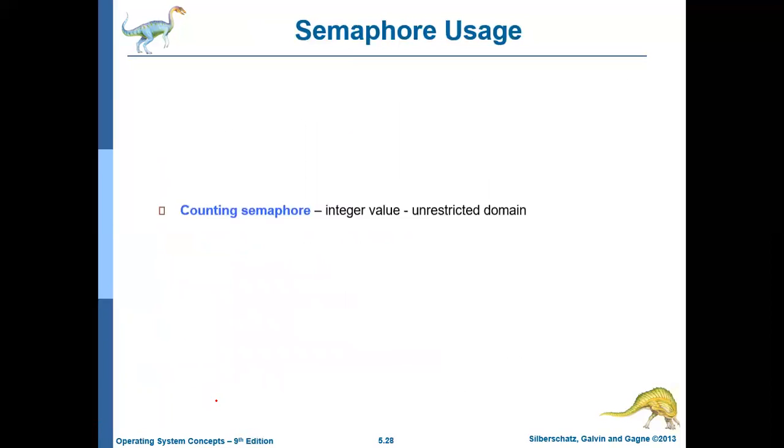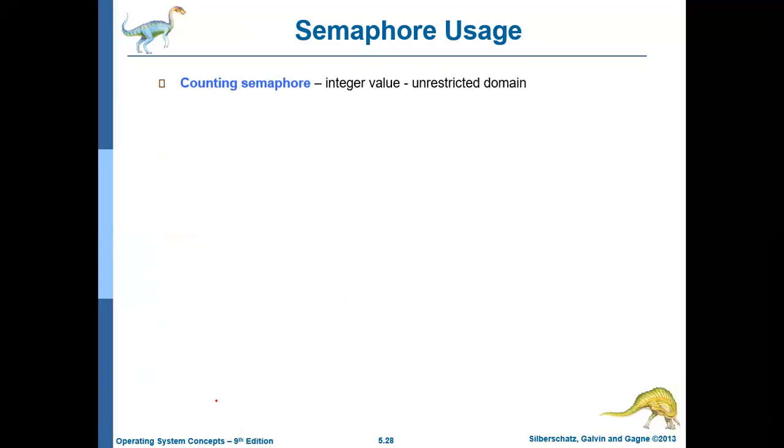There are two types of semaphores. One is called counting semaphore. As we already discussed, semaphore will take some integer value. The counting semaphore can take an integer value of unrestricted domain. There is no restriction on that. It can take integer values from 0 to any number, depending on the number of instances of a particular resource available.